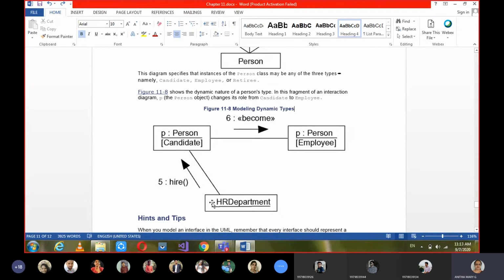So I want someone to tell what is this HR department P:(person). Here P:(person). I want someone to say what exactly this is. Tell me what these things are. So things we have many, right? What kind of graphical representation is it?